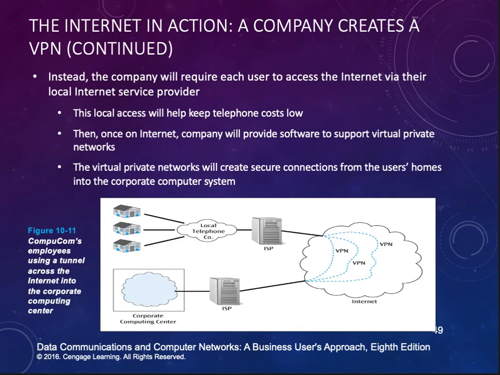So instead of using the internet, to keep cost low, we dial into the phone line, and from there they can be connected to the VPN to be routed into the corporate office. So that's pretty much it for the internet.